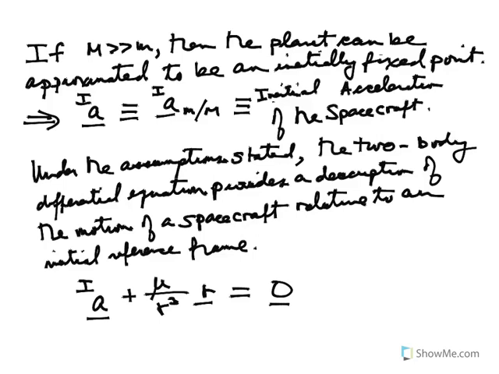So everything in here winds up being measured relative to an inertially fixed point. The goal of the rest of this discussion is to determine a solution to the two-body differential equation.